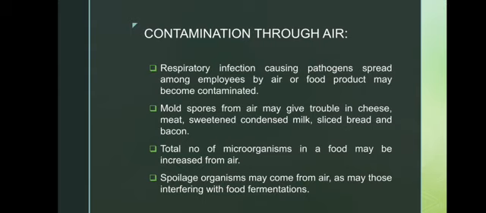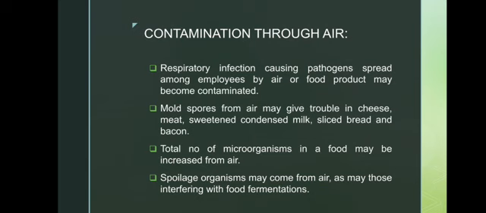Through that, droplet nuclei or aerosols, which are solid particles suspended in liquid or gas, form. In air they are suspended as solid particles, and these pathogens stick onto these aerosols and are suspended in the air. So the respiratory infection causing pathogens spread among employees, and it can spread directly onto the food.